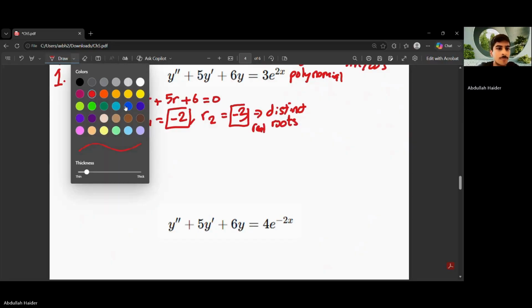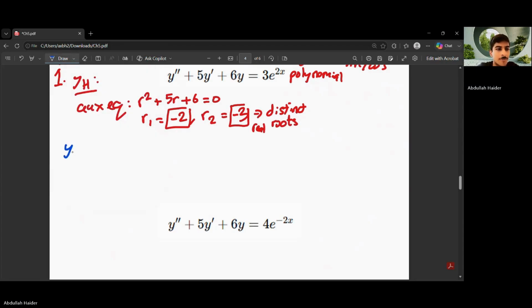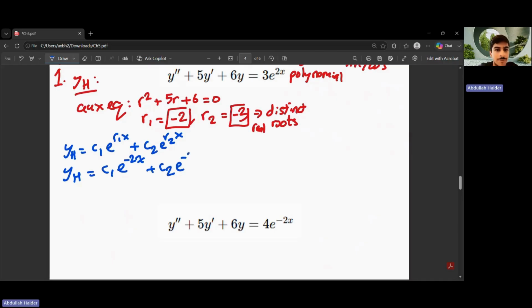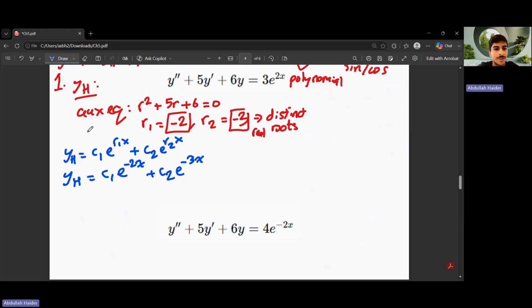So we will use YH equals C1 e power R1x plus C2 e power R2x. So in this case, our YH is going to be C1 e power -2x plus C2 e power -3x. This is our YH, our homogeneous solution to this equation.